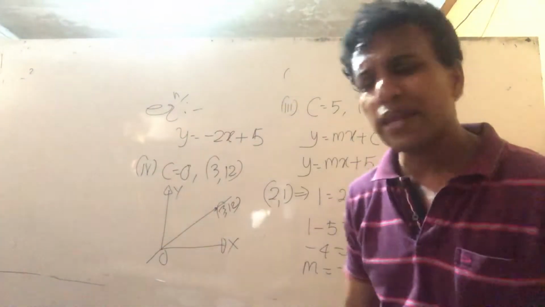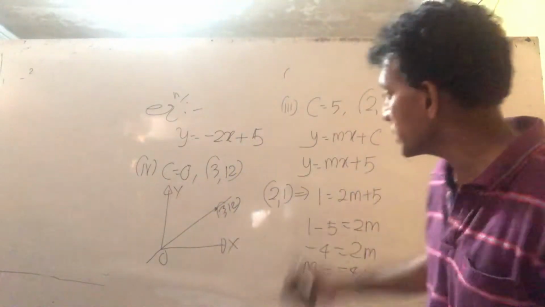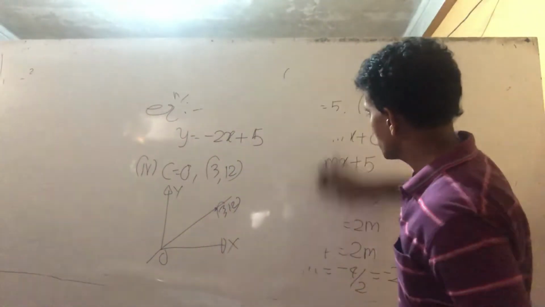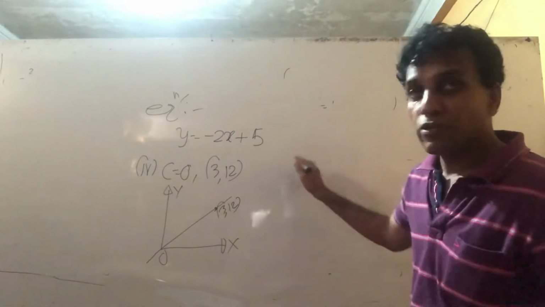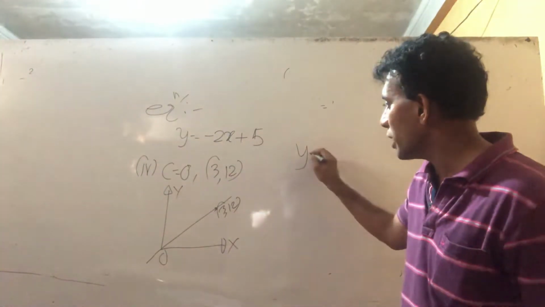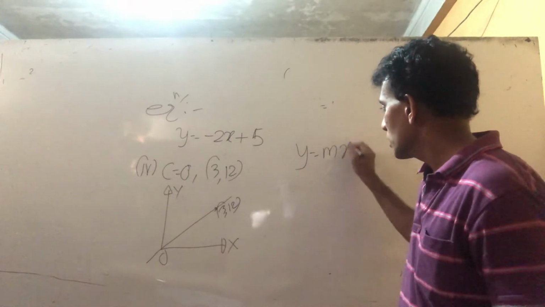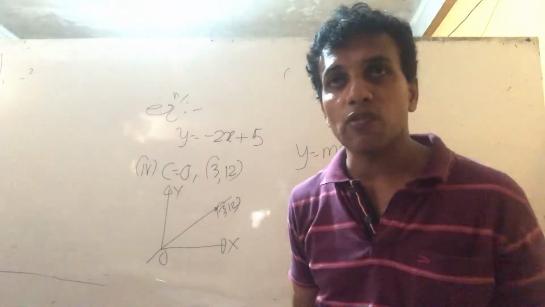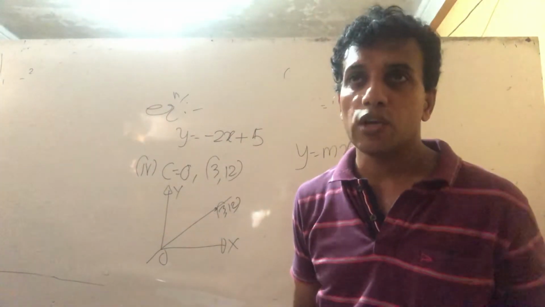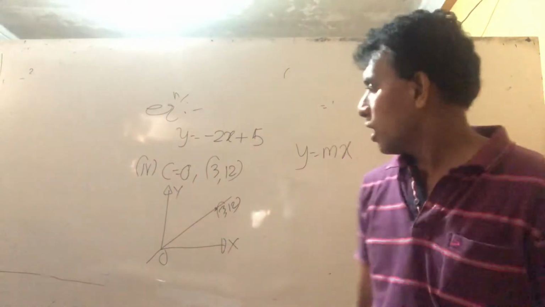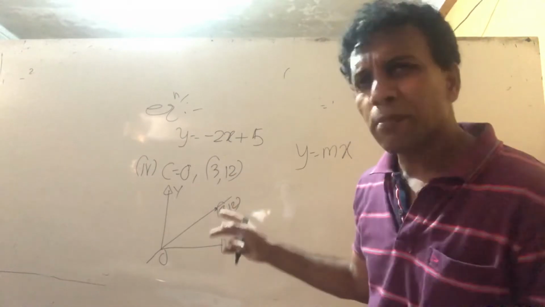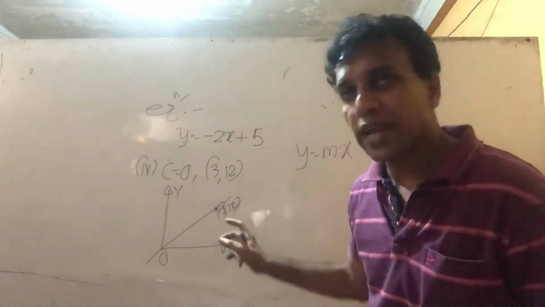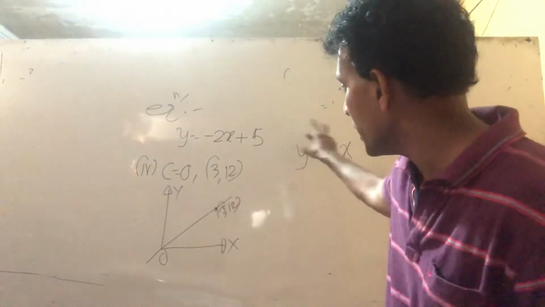So follow the same method, y = mx + c. So if you are very clear here, you can write y = mx only. No, c is 0 here. Now we have to find the m value. Follow the same method. This coordinate passes through this straight line.